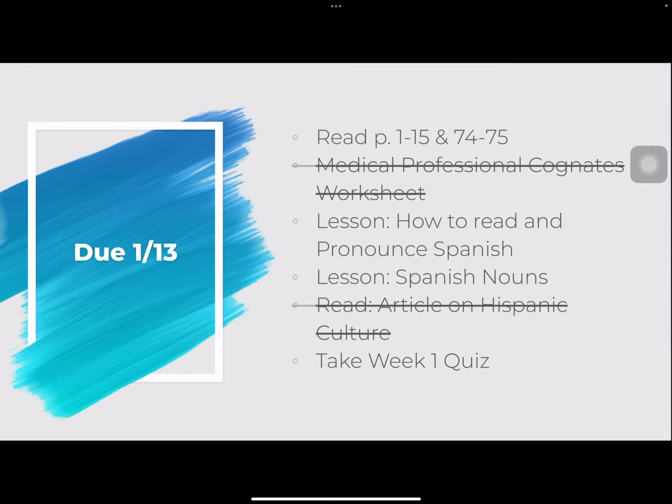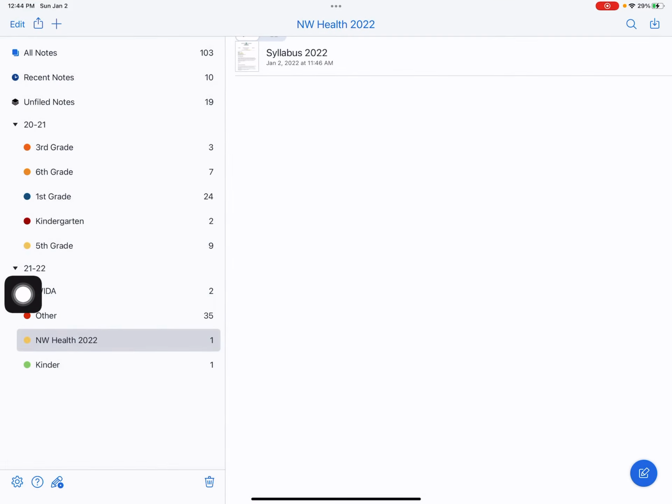And then I put down here what is due for the 13th. This is a Thursday. I wanted to do that on purpose. Hopefully by the time you're watching this, you have been to our mandatory initial class, so I can explain the way that the schedule works on the syllabus. But actually I can just pull it up real quick in case you forgot.